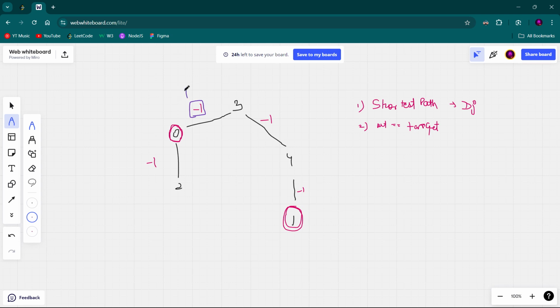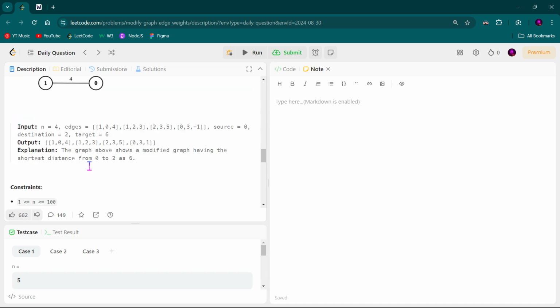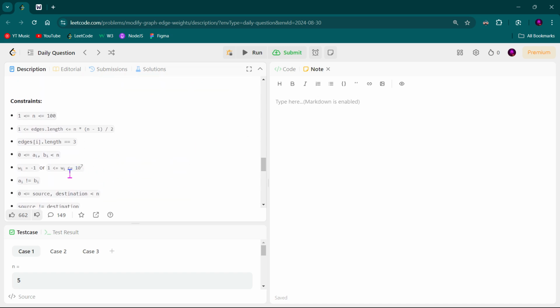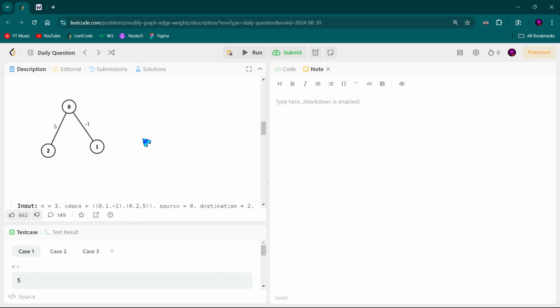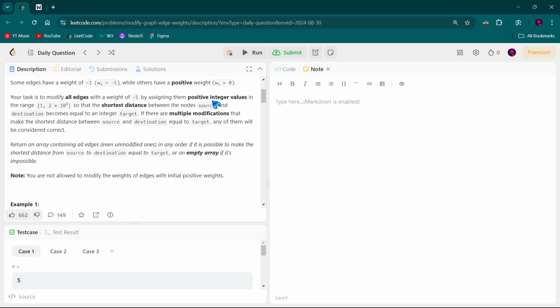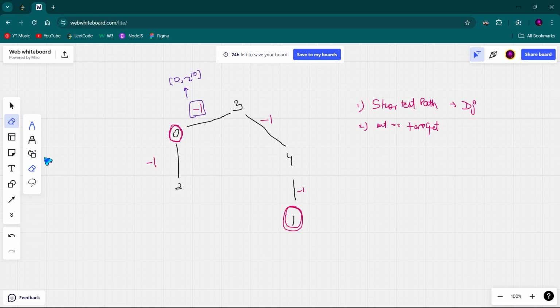And this weight could lie from 0 to 10 to the power 9. My bad. This is the range, and we can tweak this according to our need.